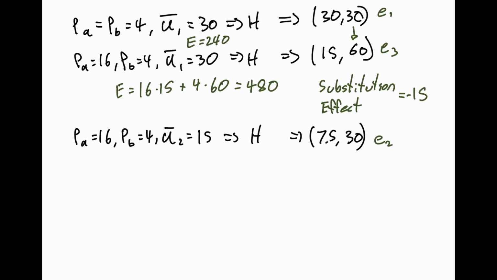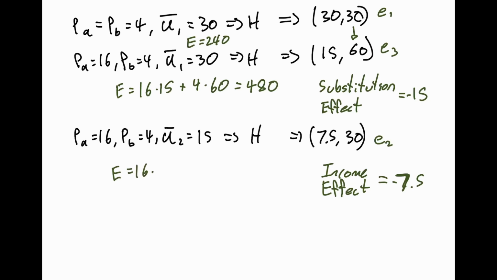Okay, so that means our income effect is this difference, which is just 7.5. And just to verify that E1 and E2 have the same expenditure, we can write this out.